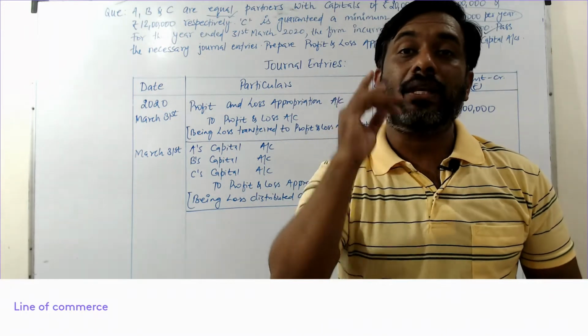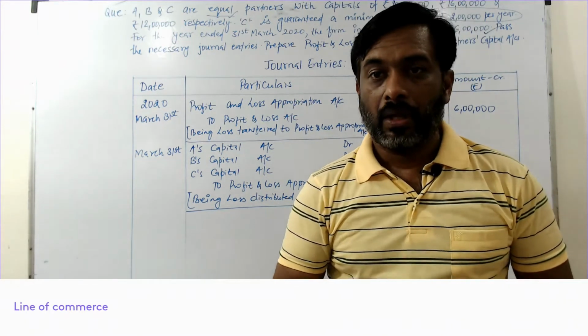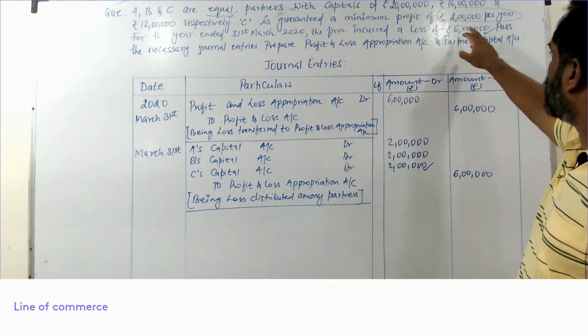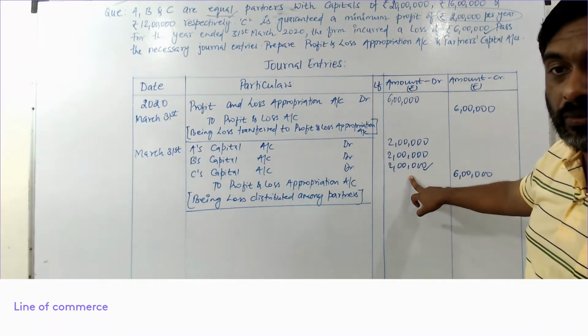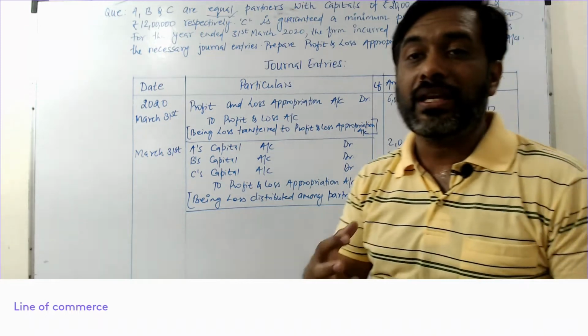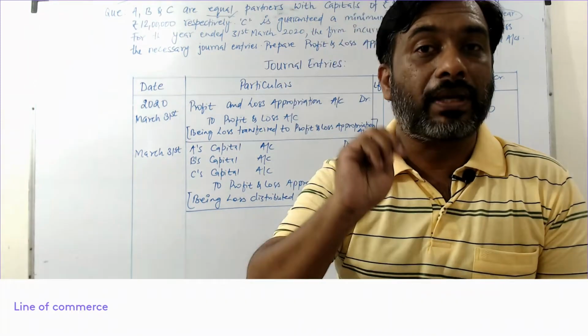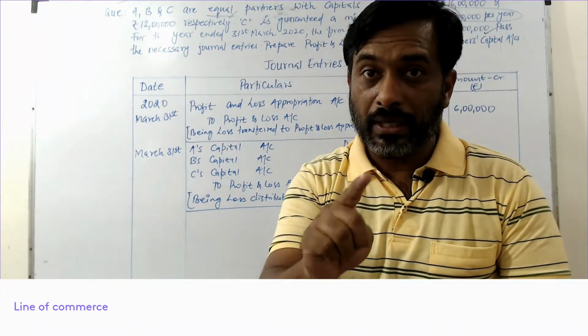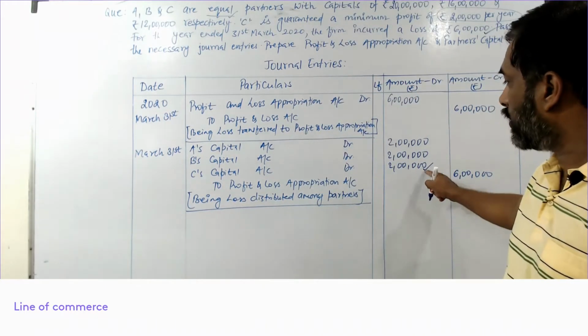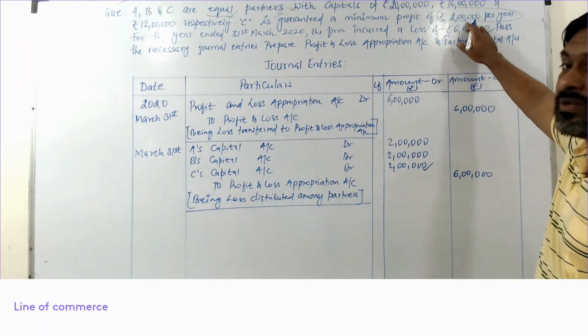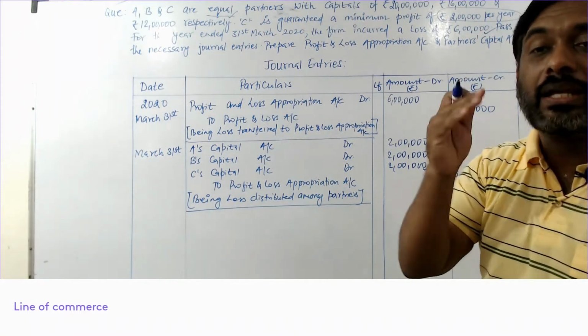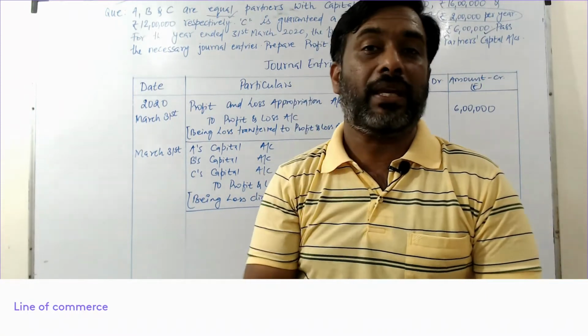Now let us see what is the deficiency. Minimum guarantee of profit to C is 2 lakh rupees, but he is incurring a loss of 2 lakh rupees. So the deficiency here will be of 4 lakh rupees. How 4 lakh rupees? 2 lakh rupees to cover the loss and 2 lakh rupees of minimum guarantee. Together it will become 4 lakh rupees.